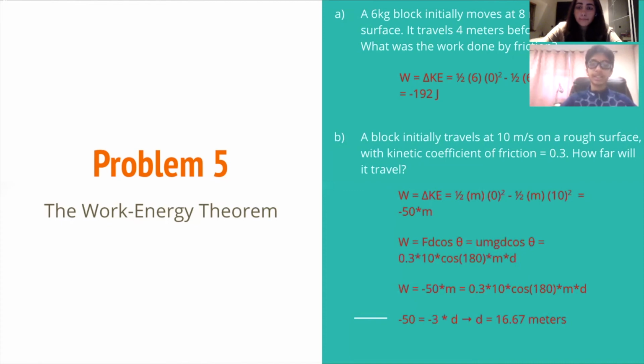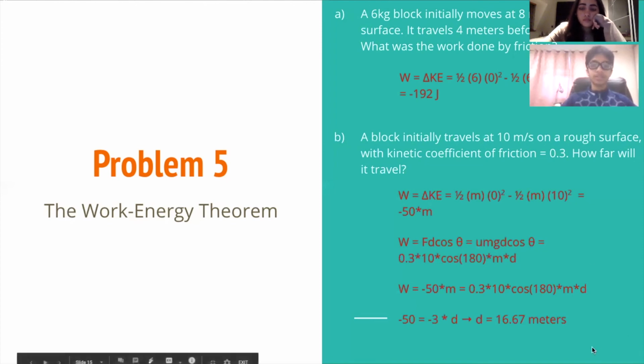The change in kinetic energy is the final kinetic energy minus the initial kinetic energy. The final kinetic energy is 0 because it comes to rest and velocity is 0. The initial kinetic energy is 1/2 times m times v squared. Now we don't know what the mass is, but we know that the initial velocity is 10 meters per second. And so the work will be equal to minus 50 times the mass of the block.